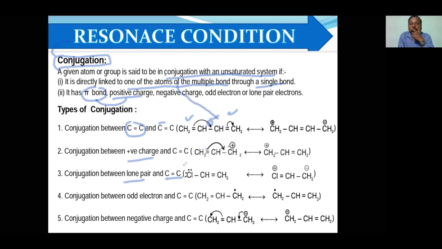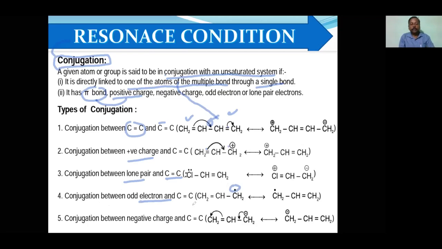As chlorine belongs to the 17th group, it will use only one electron out of seven, so the remaining electrons can be utilized in migration. Then between the lone pair and C=C, between the odd electron and C=C. See, this is the odd electron.